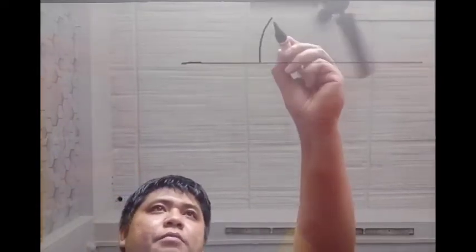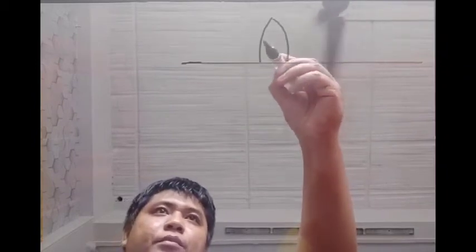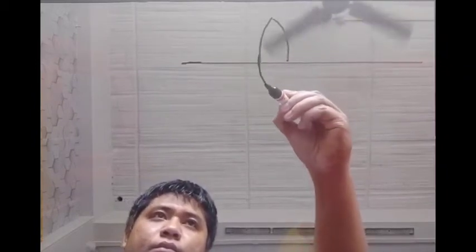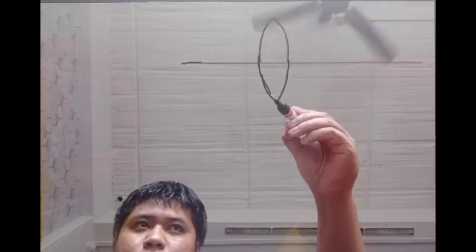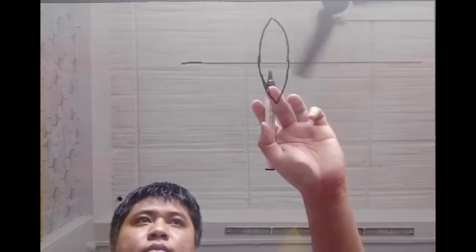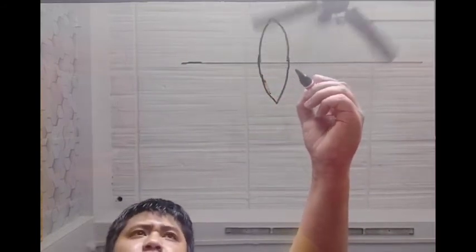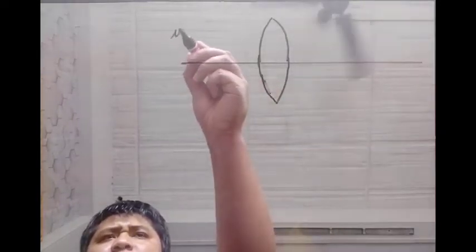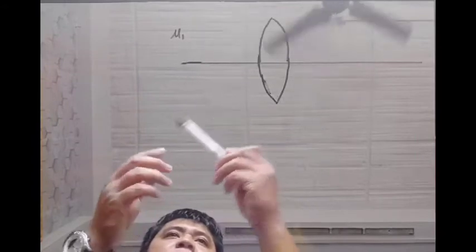The lens must be thin, but I have to draw it a bit thick. It is considered as a thin lens. Let mu1 be the refractive index of the rarer medium.